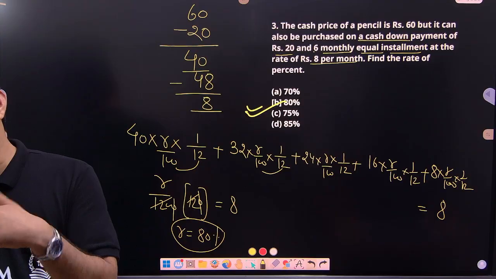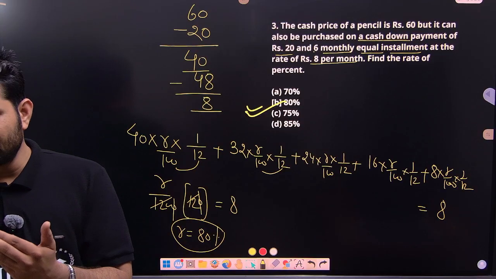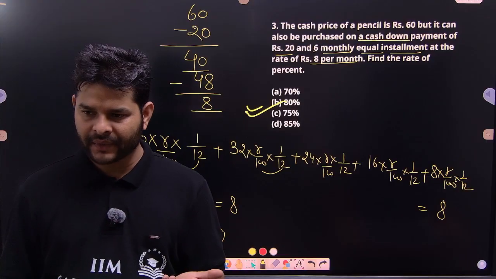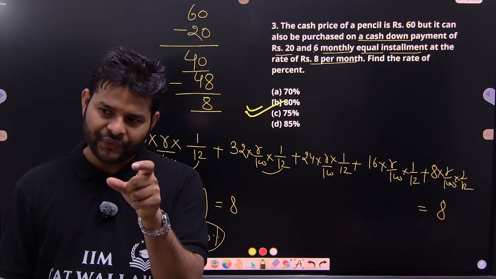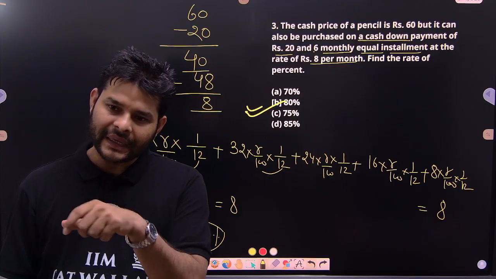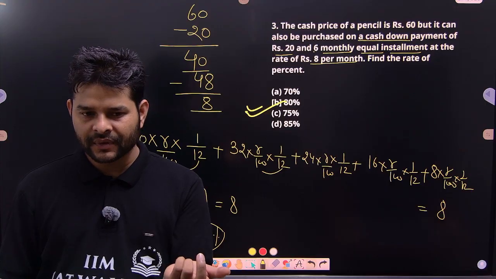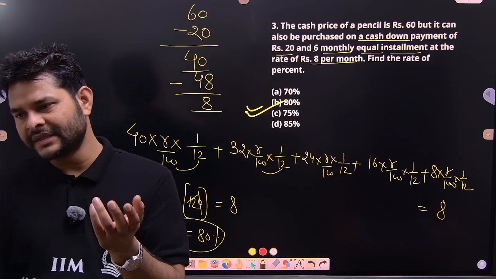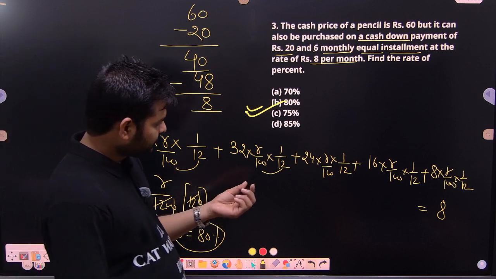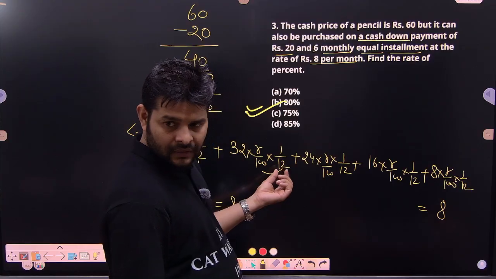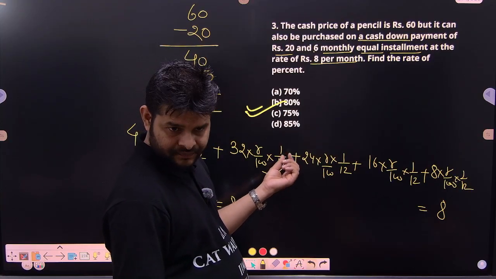So in type 2, what's going to happen? The rate of interest will now be calculated yearly instead of monthly. This is the difference between type 1 and type 2. In type 1, we are putting 1 upon 12.